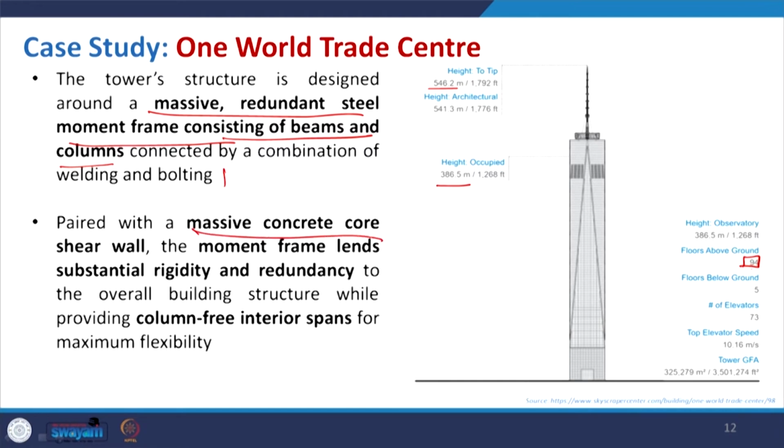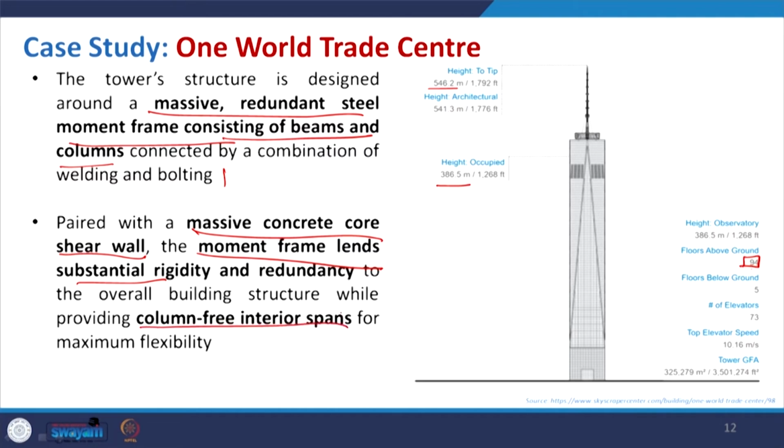Now, the massive concrete core, shear wall and the moment frame altogether give better resistance against the lateral load, and also the axial gravity load. So, in a combined manner, they give rigidity and add stiffness to the building.